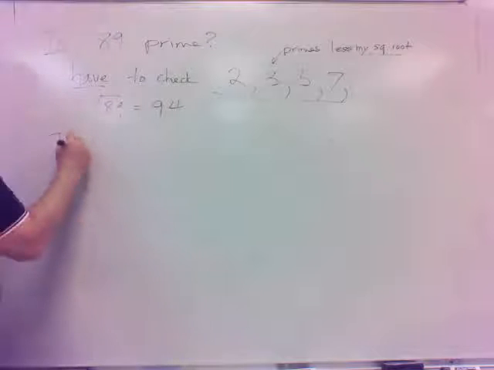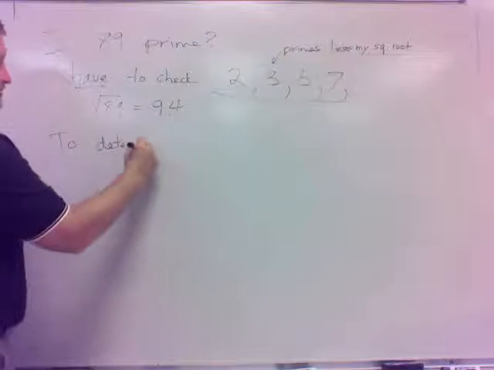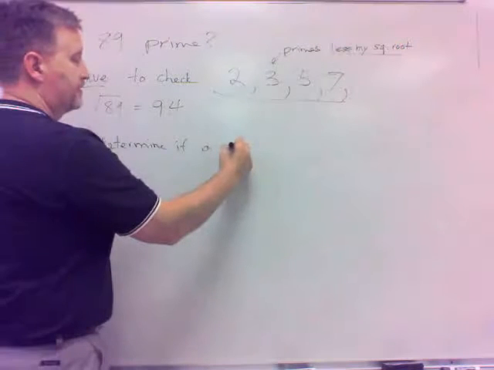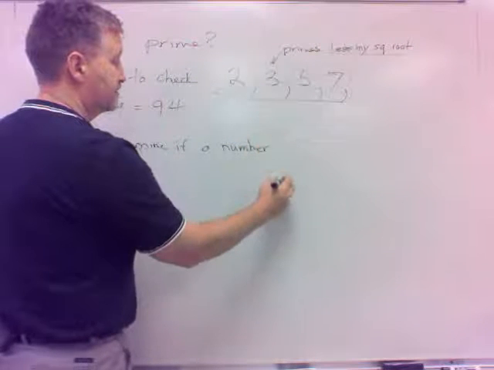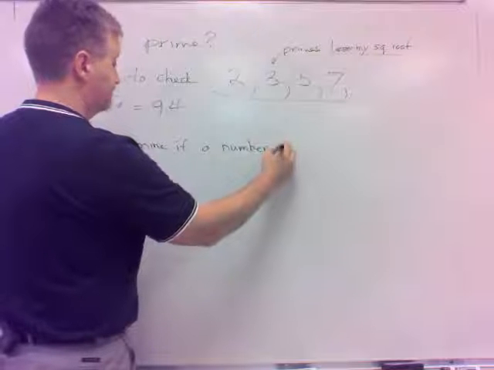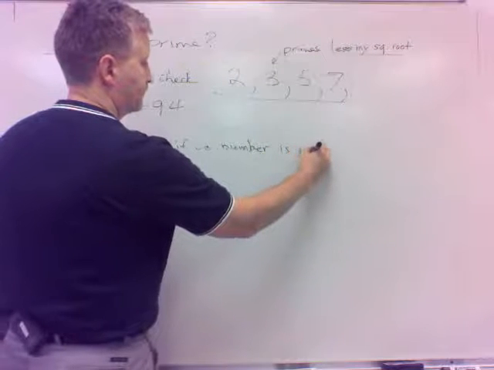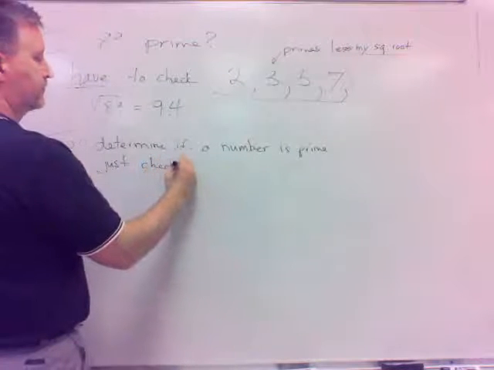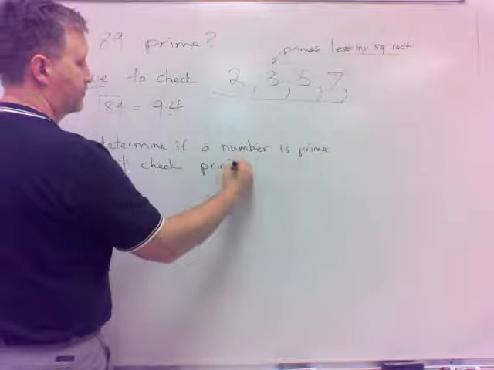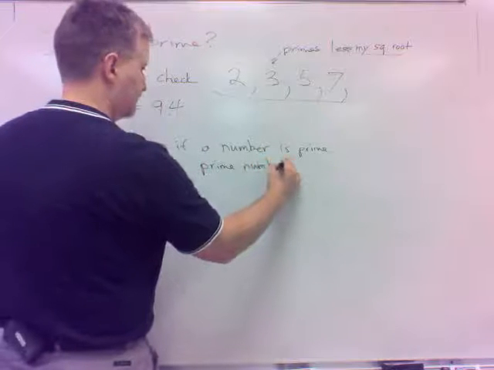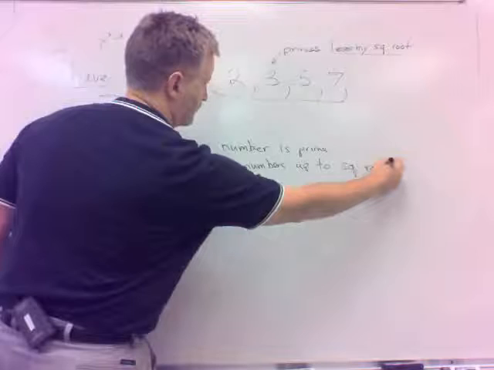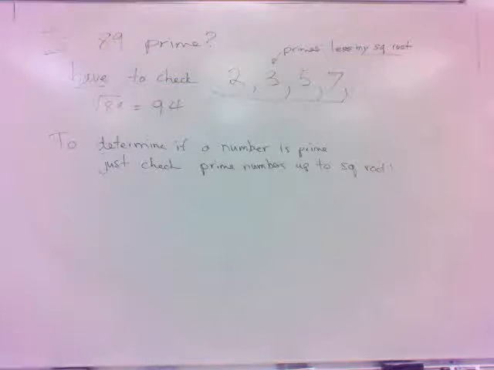To determine if a number is prime, if you're just looking for whether it's prime or not, just check the prime numbers up to the square root. Okay. That's all you have to check for primeness.